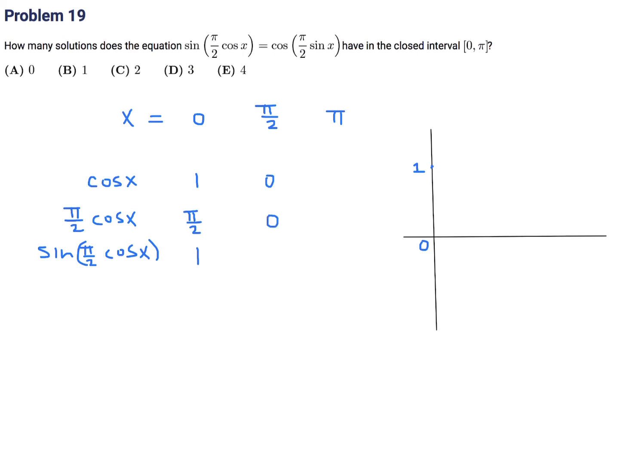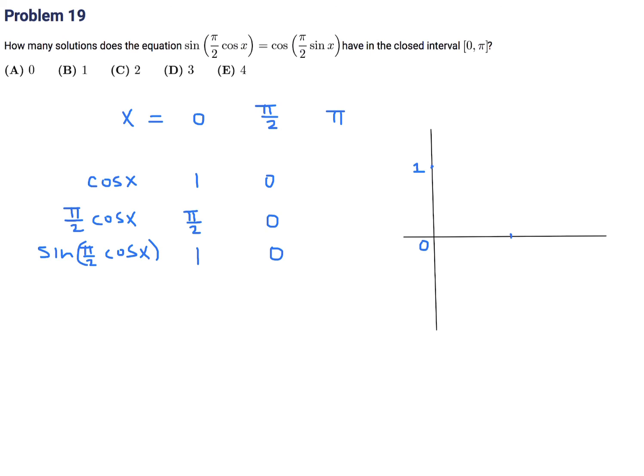Therefore this would be 0, and the sine of 0 is 0. So when we have pi over 2, which is approximately 3.14 divided by 2, about 1.55, it's approximately here, it's 0.